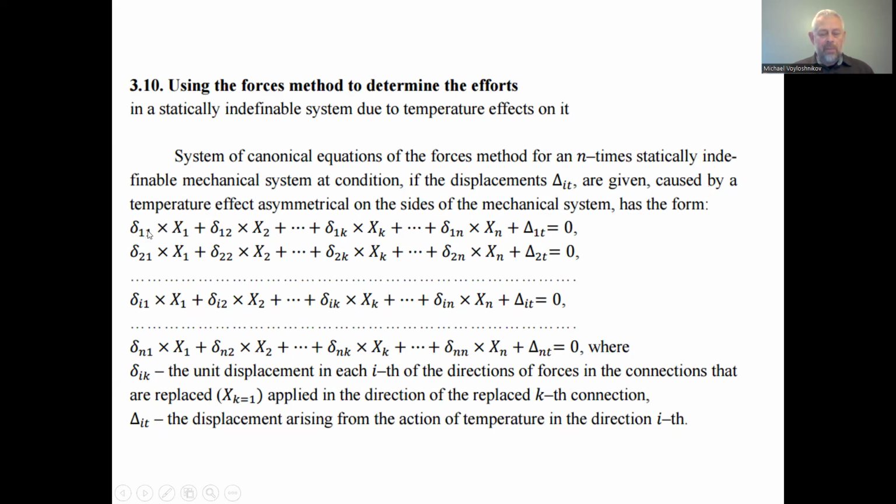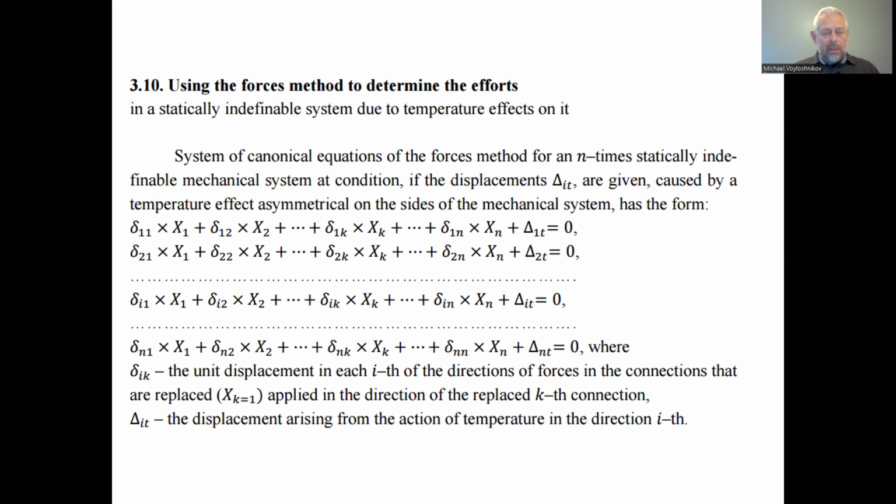The first summand in the first equation of the canonical equations of the force method is the product of the displacement under unit force applied in the first direction and the displacement in the first direction. The second factor in the first summand is the magnitude of the force subject to find.